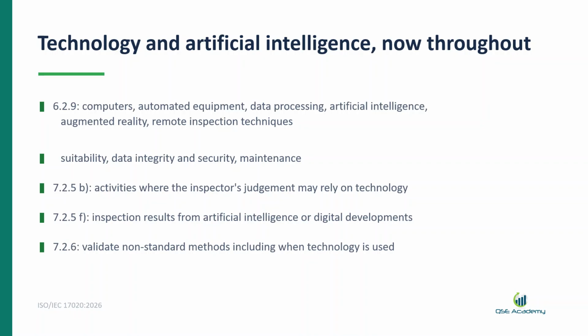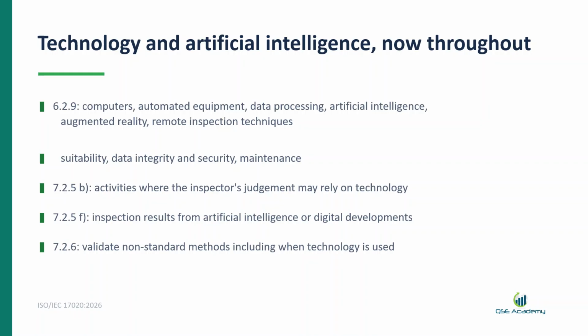The note suggests validation of calculations before use, periodic revalidation, revalidation whenever changes are made, and software updates implemented as required. Clause 7.2.5b requires your methods to address activities where the inspector's judgment may rely on the use of technology.